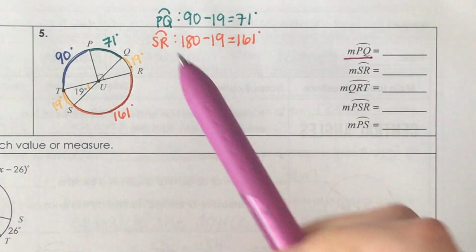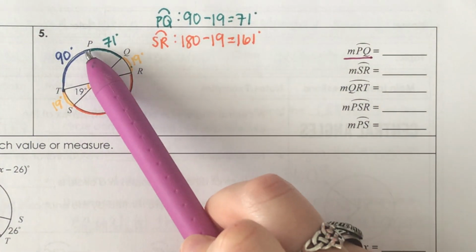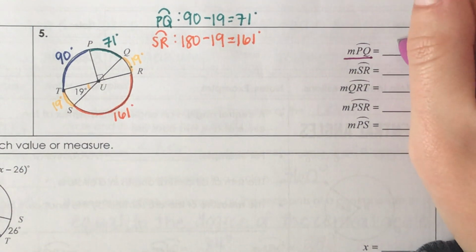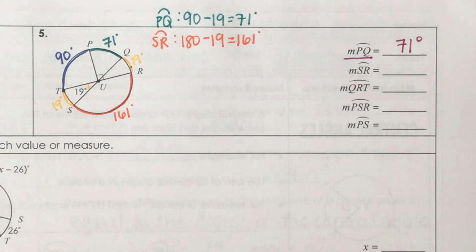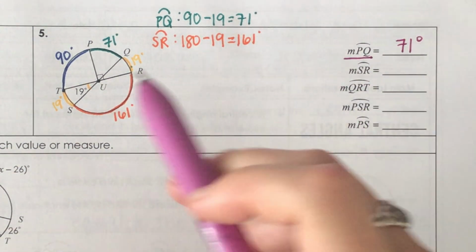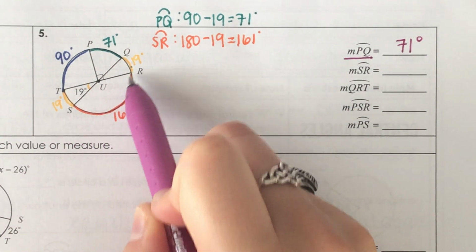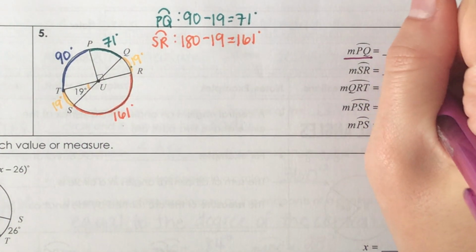PQ, let's see. P to Q, I figured it out, it's 71 degrees. S to R, I already figured out, it's 161 degrees.